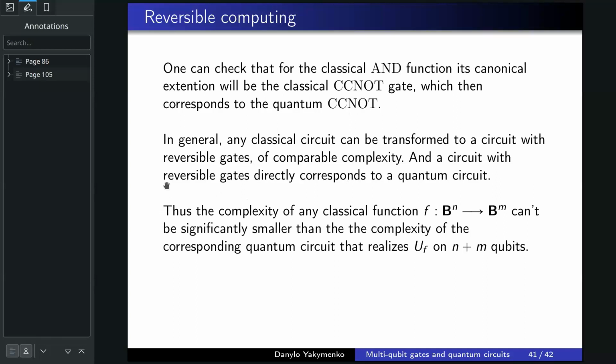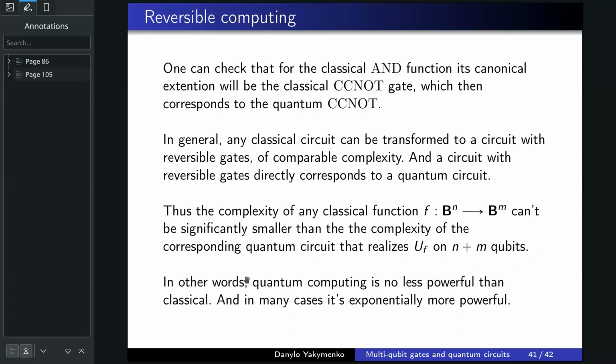Now what this means is that the complexity of any classical function can't be significantly smaller than the complexity of the corresponding quantum circuits that realize this corresponding unitary U of f on n plus m qubits.